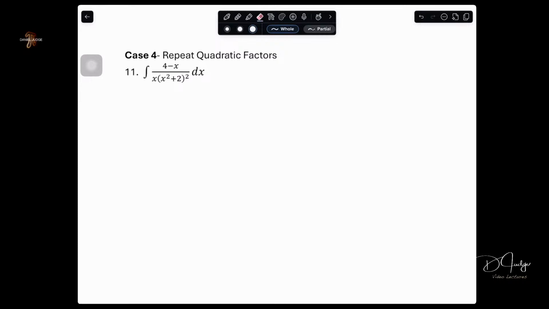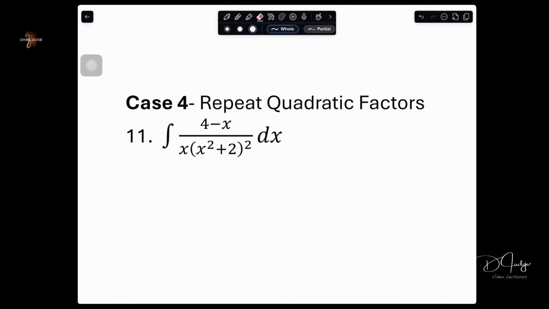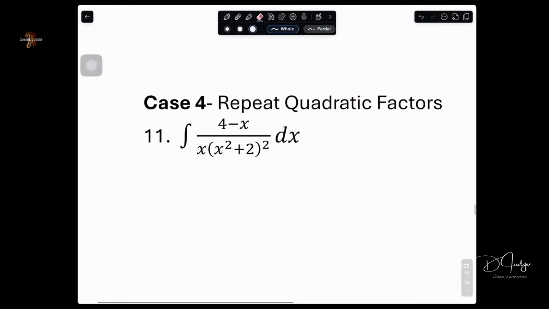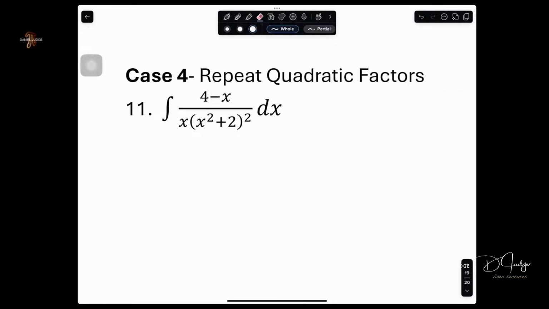Okay, we're going to take a look at case 4, which is repeat quadratic factors. So let's take a look.